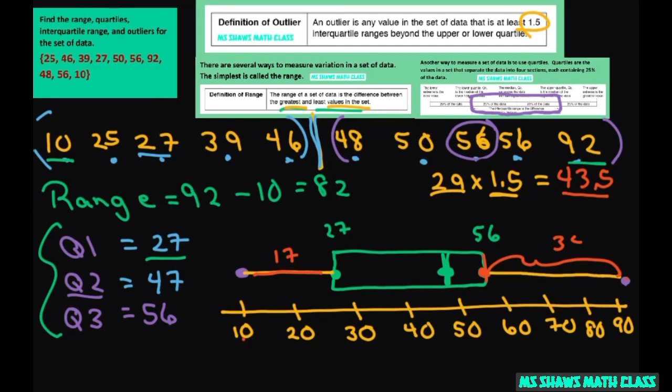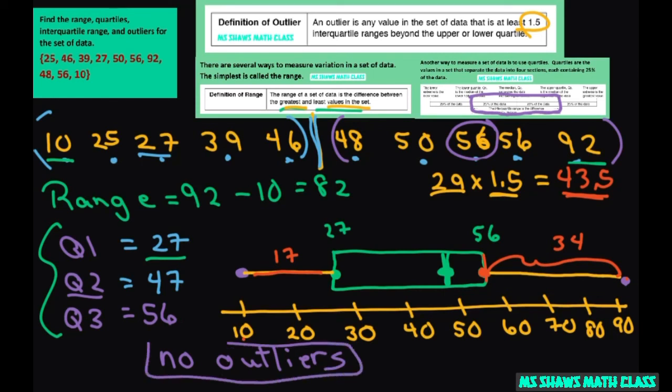This difference is 34, and that is not greater than 43.5. So 90 is not an outlier either. So there are no outliers for this set of data.